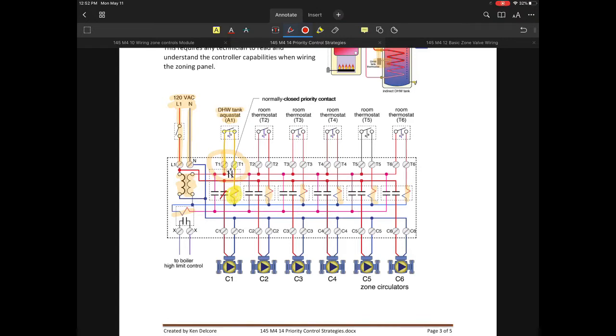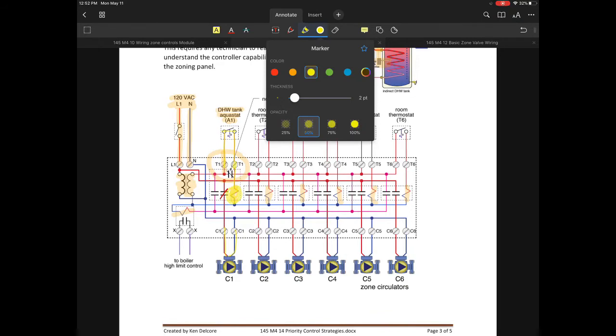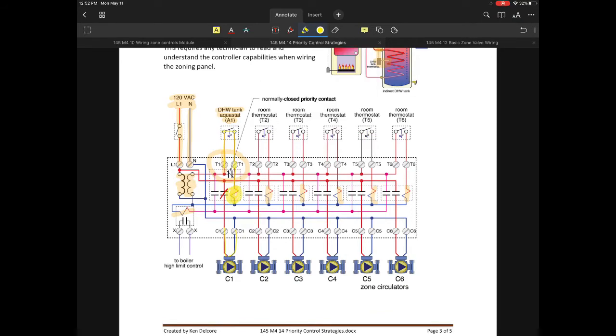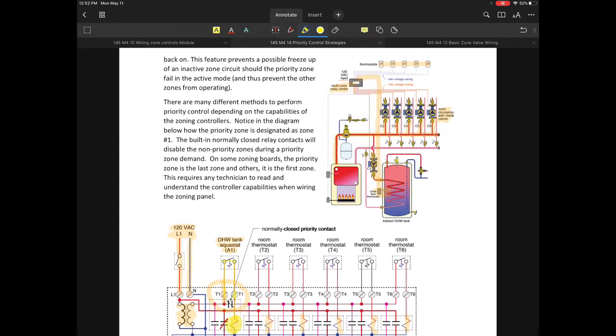When it goes to T1, it'll complete the circuit path that powers up the Aquastat or the relay, which would then close that set of contacts, and of course that would then power up C1. This is the blue side of things, my neutral side, is how that will be set up on here.